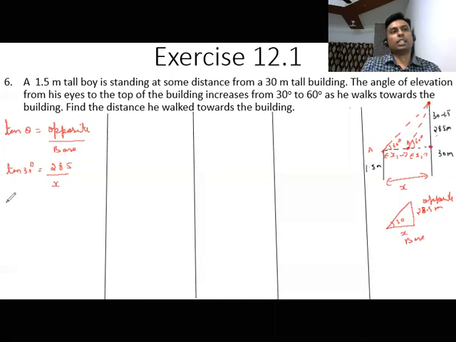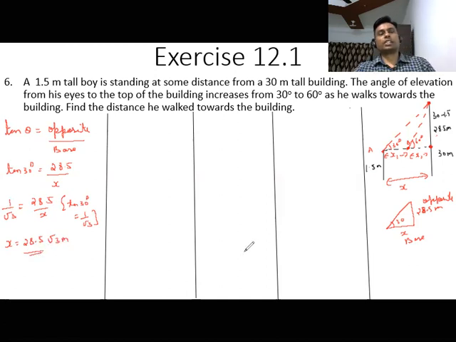Now tan 30 is 1 by root 3. So 1 by root 3 is equal to 28.5 by x. Cross multiply, you will get x. x is 28.5 into root 3 meters.